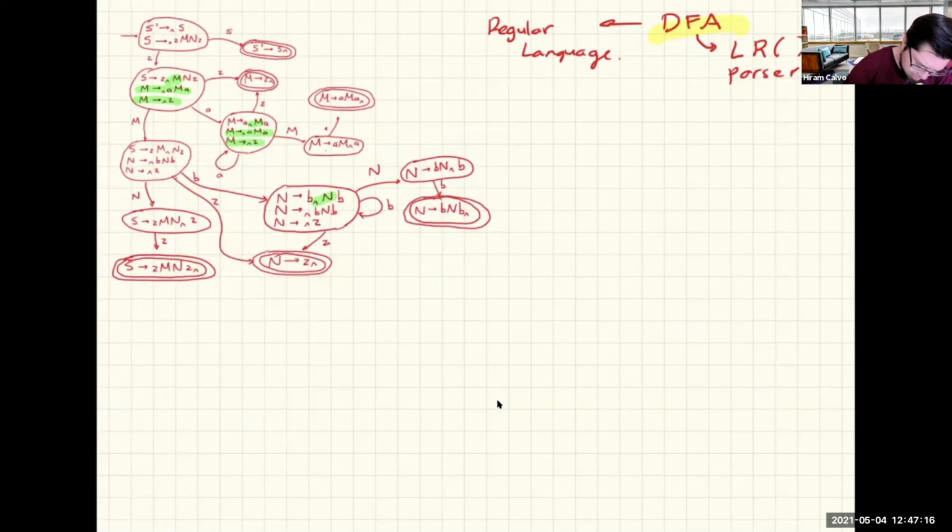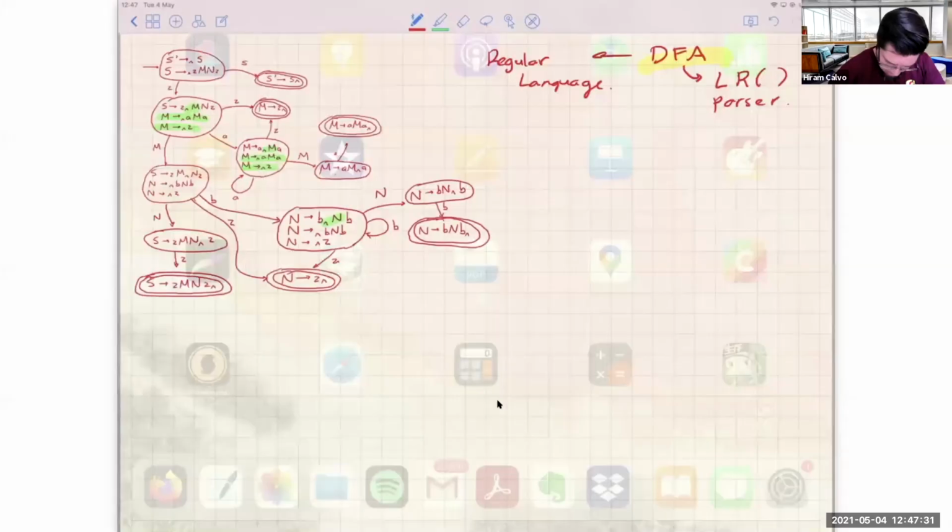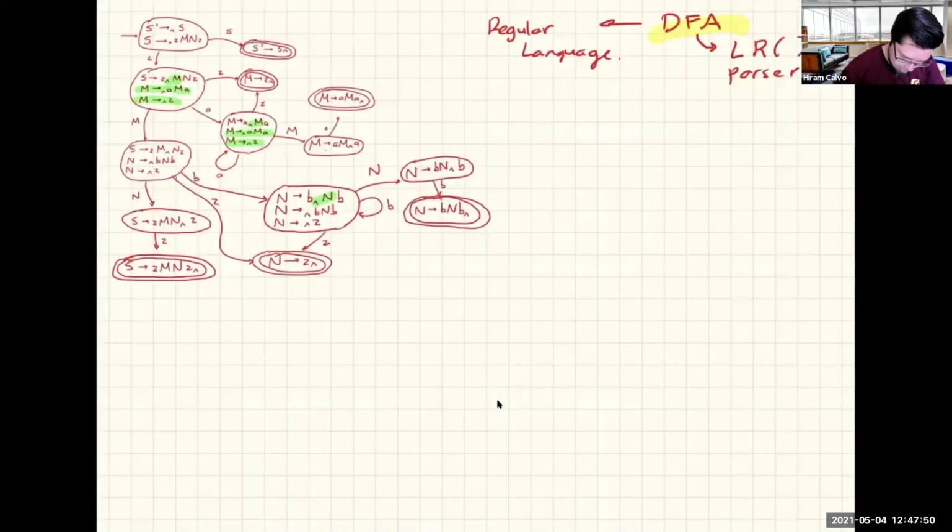I cannot draw with my hand. How come? Let me see. So I cannot draw with my finger. So bad. Let me think, what can I do?